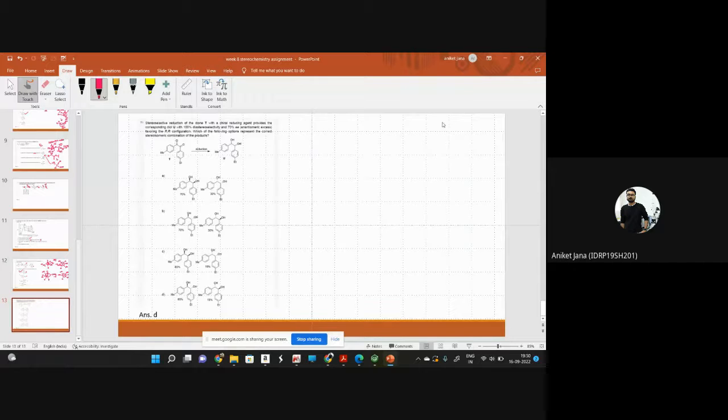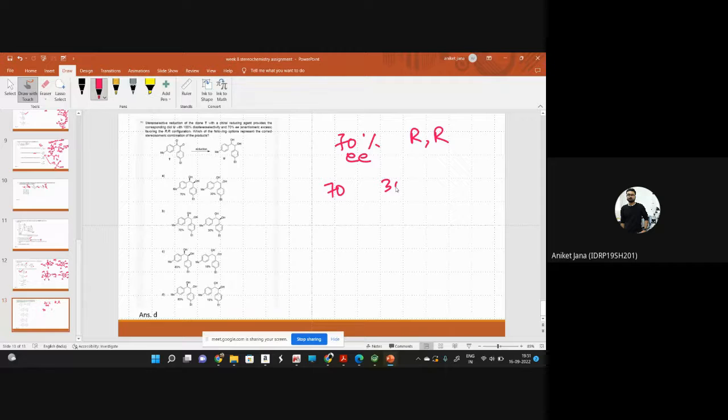Now this is the question. It says that this 1,2-diketone provides 100% diastereoselectivity and 70% enantiomeric excess favoring the RR configuration. What does it mean? 70% enantiomeric excess means the 70% is excess, and the rest 30% is a racemic mixture.